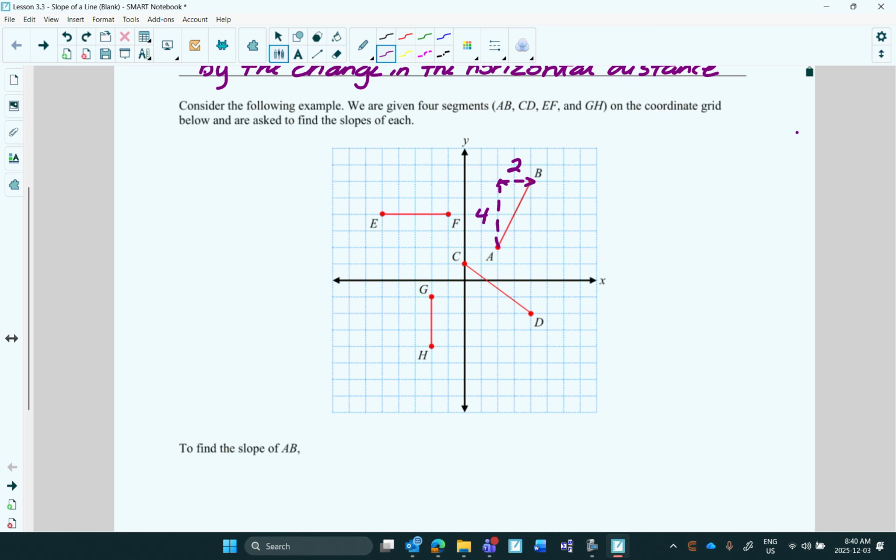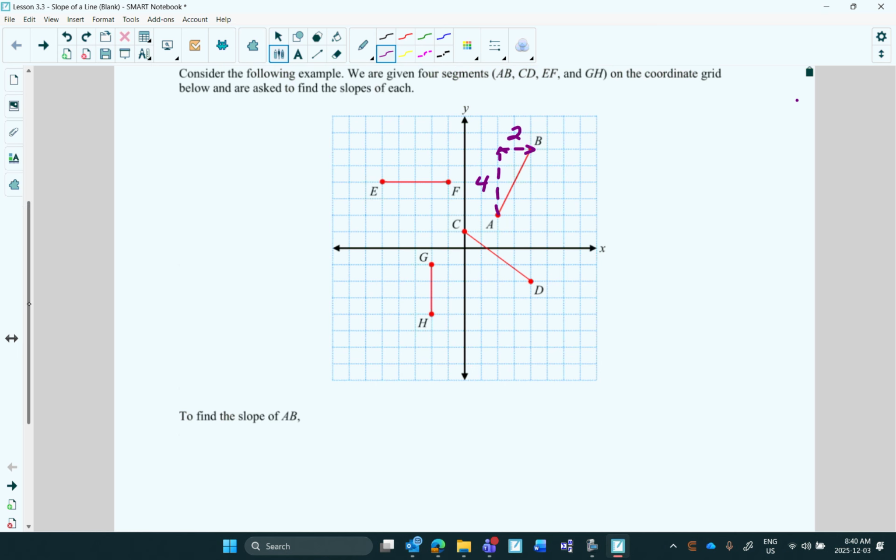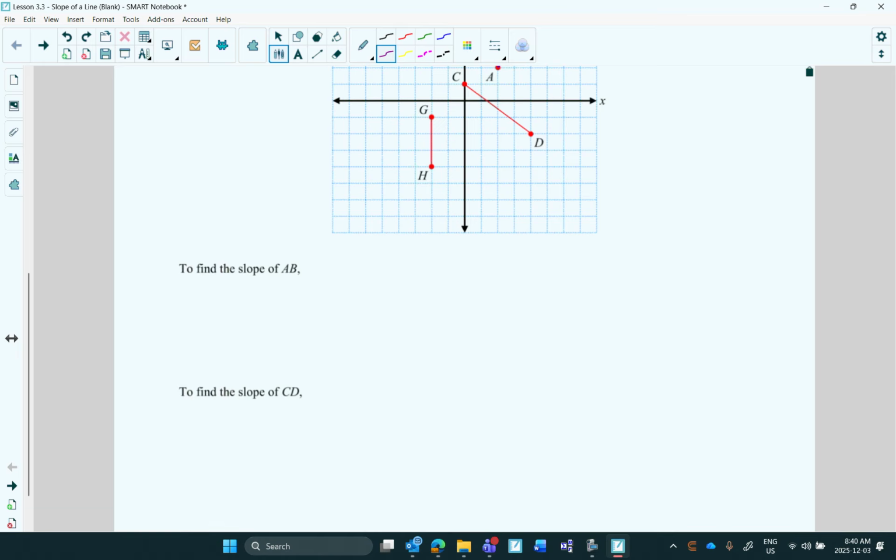And because I moved to the right, it's positive. So therefore, the change would be the vertical distance 4 divided by the horizontal distance 2. And 4 divided by 2 works out to just 2. So we would say the slope of that line is 2.